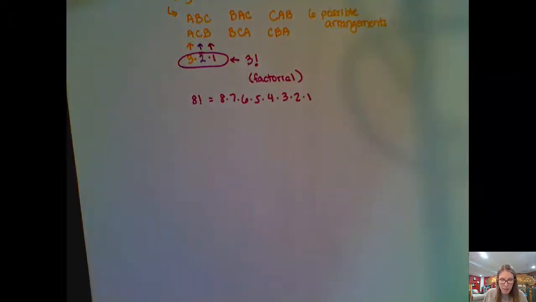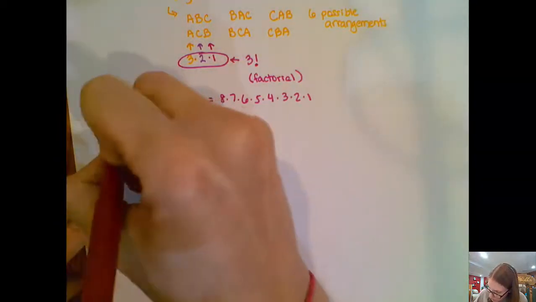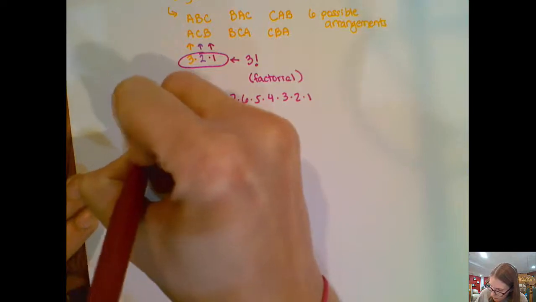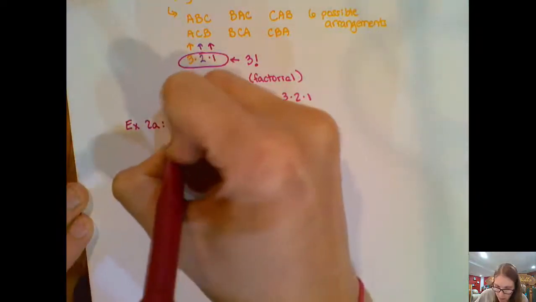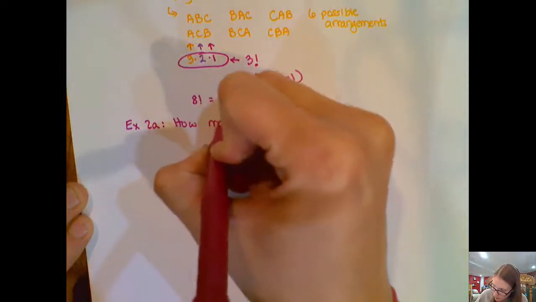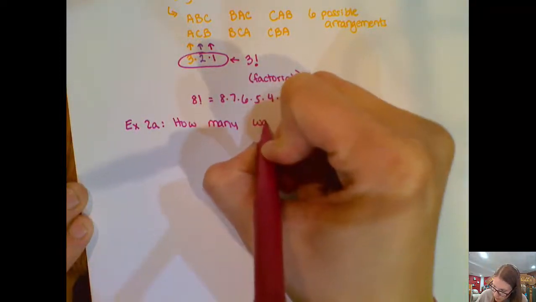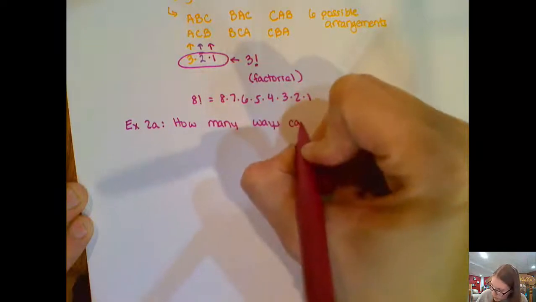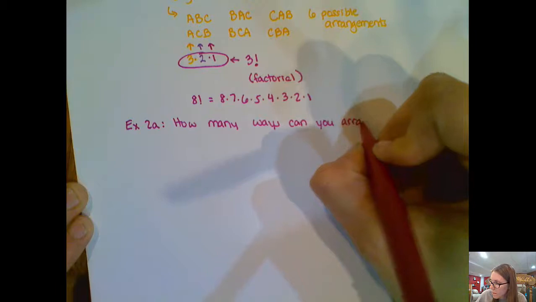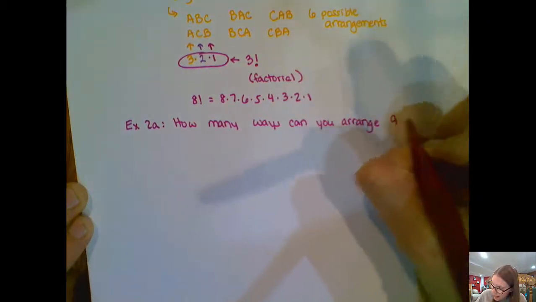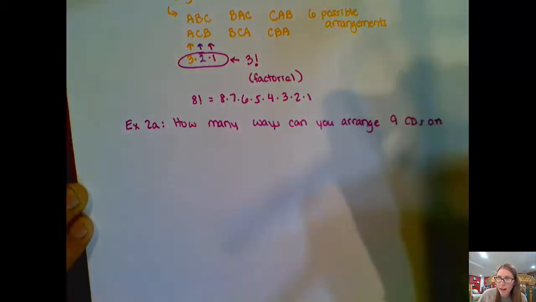So let's do a couple examples here. Example 2a, using our permutations. How many ways can you arrange 9 CDs on a shelf?